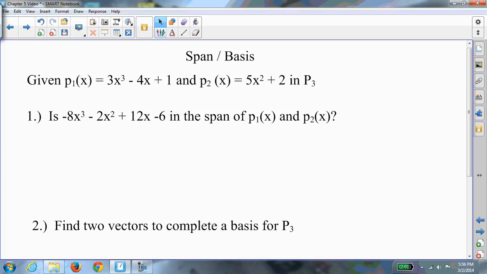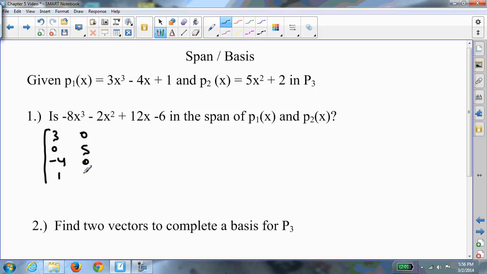So I am going to set up my matrix in the following manner. I'm going to set up a matrix 3, 0, negative 4, 1, 0, 5, 0, 2, and I'm going to augment that with negative 8, negative 2, 12, and negative 6.